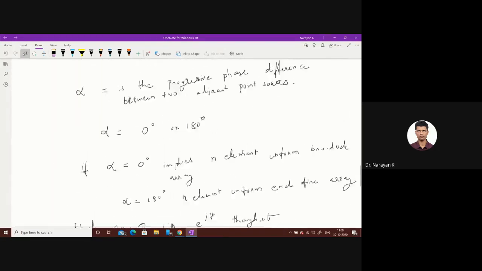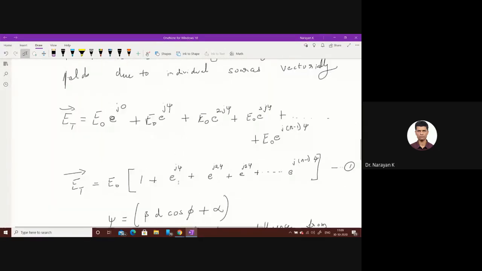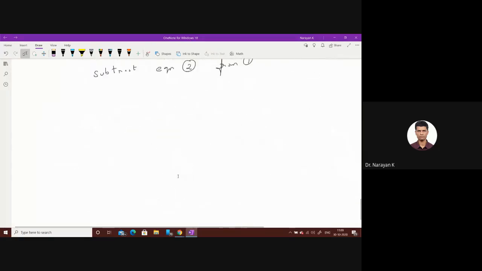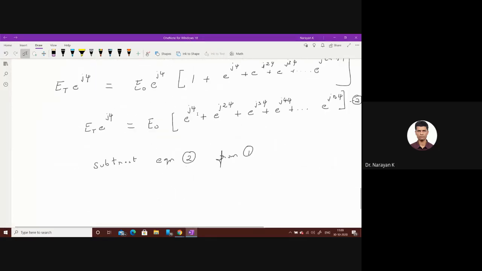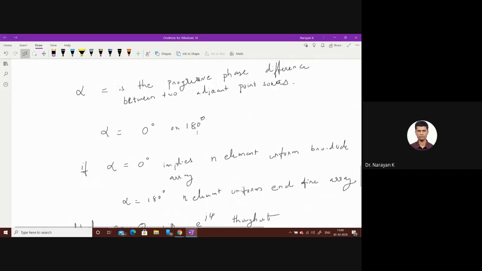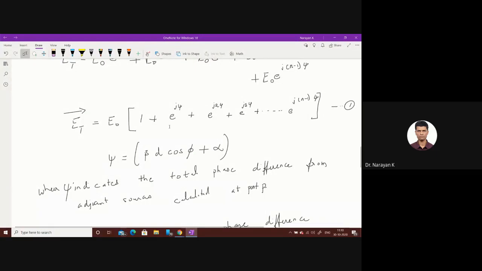Please check these two equations. What will happen is e power j psi minus e power j psi. These two will get cancelled, no? E power j psi minus e power j psi. Yes or no?